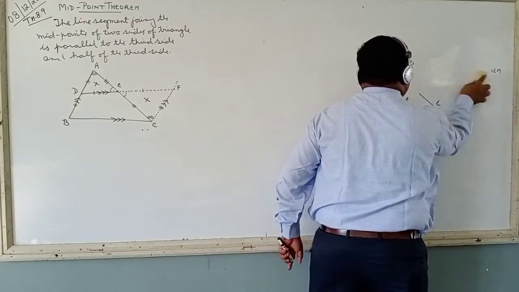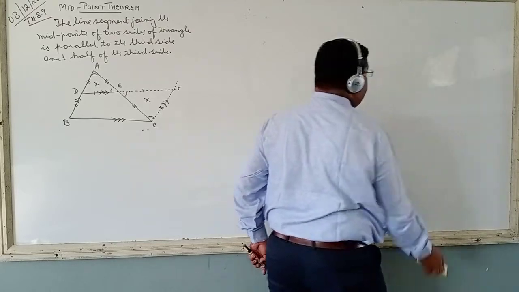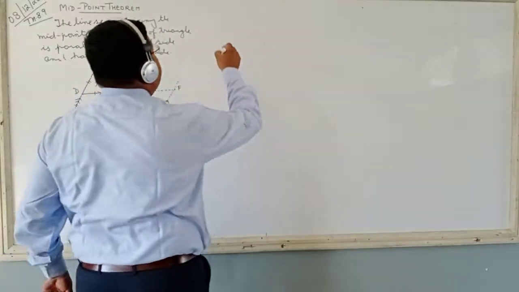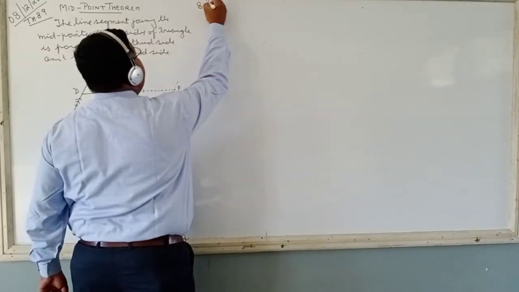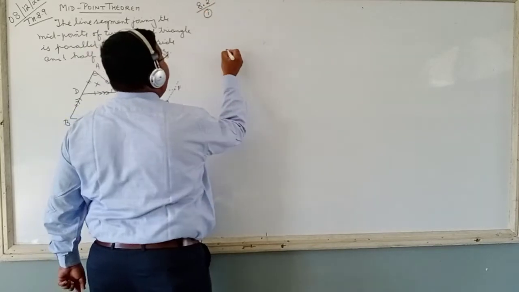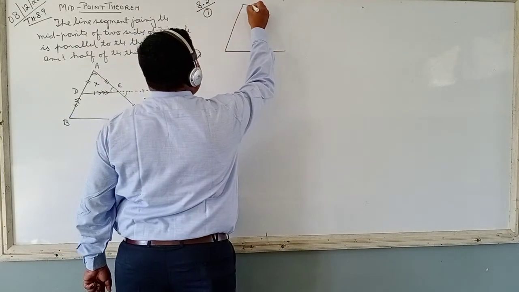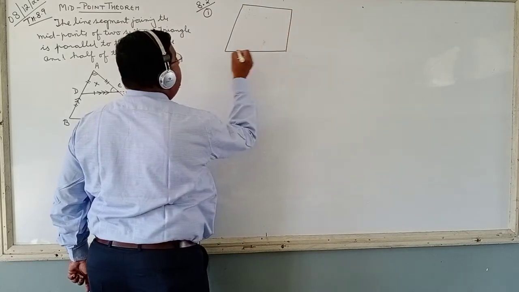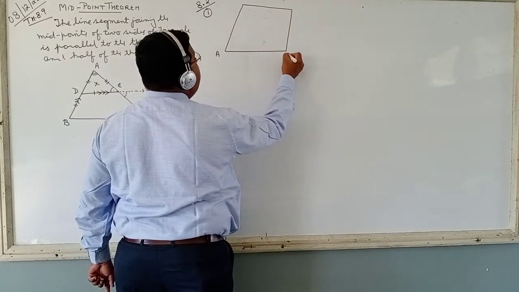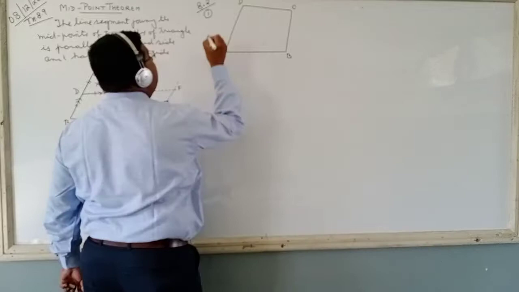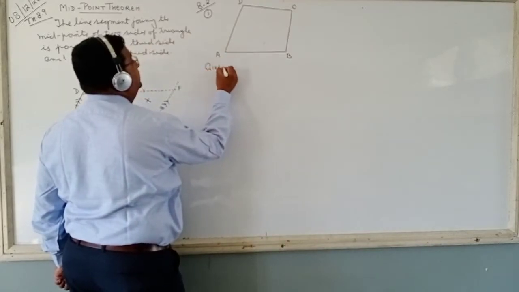Alright. The figure of exercise 8.2 first question is given to us. It says that in the given figure, P, Q, R, S are the midpoints. This is the figure for us. This is A, B, C, D. He says a quadrilateral is given.